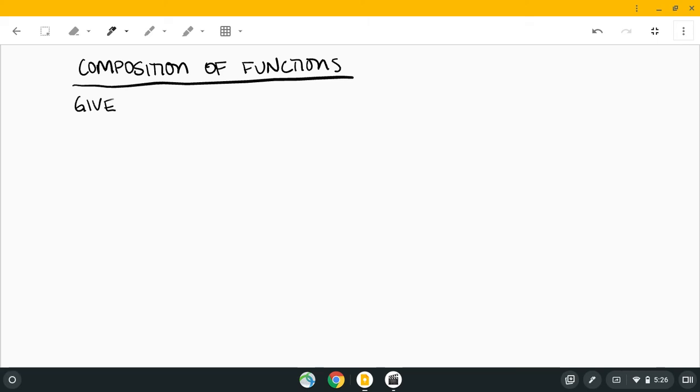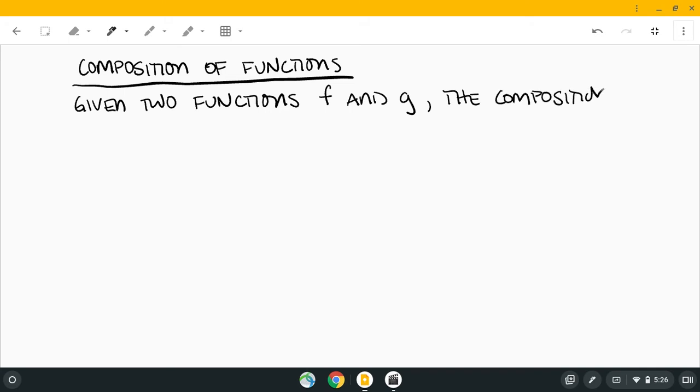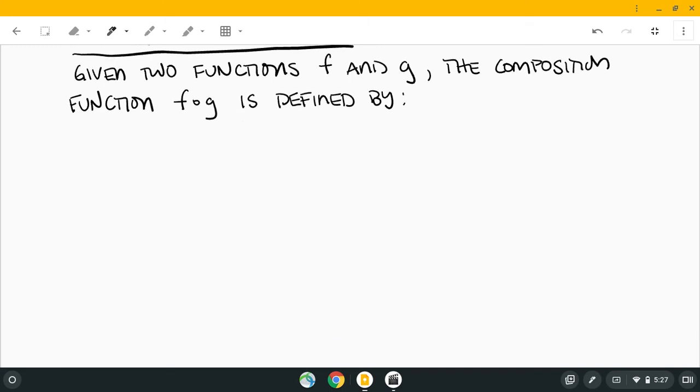All right, so given two functions f and g, the composition function f circle g, and that's pretty much how we read it, f circle g, is defined by this.